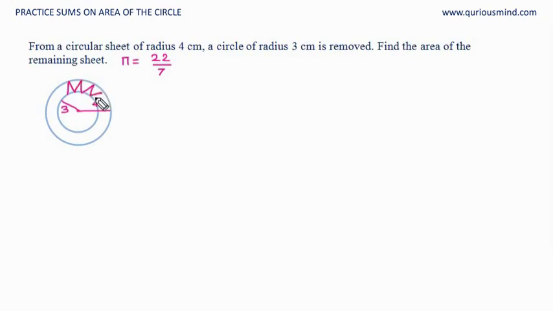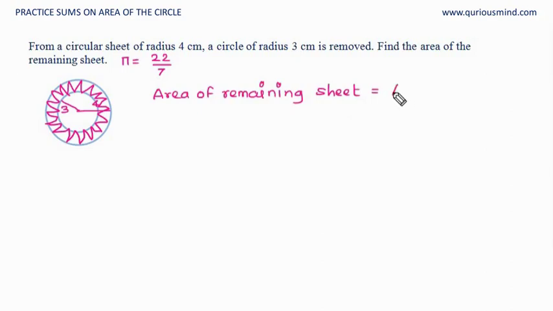So all this paper. Now, which means the area of remaining sheet is area of outer circle minus area of inner circle.